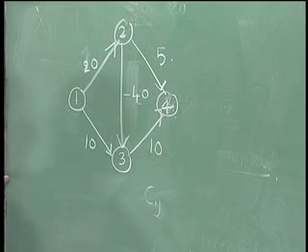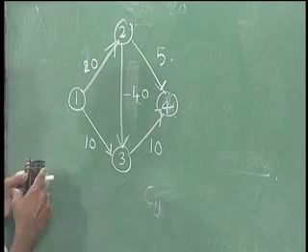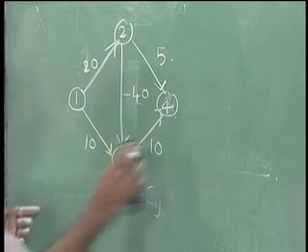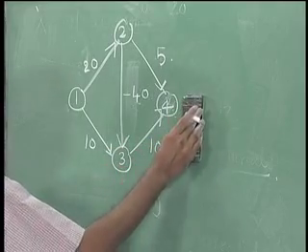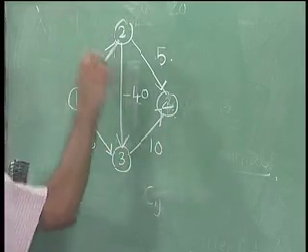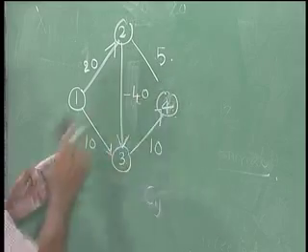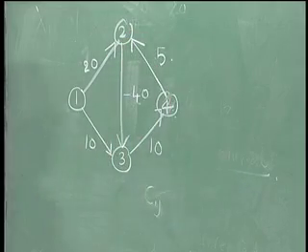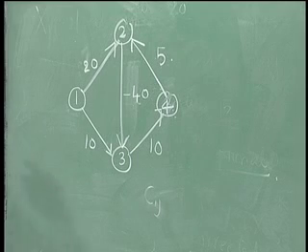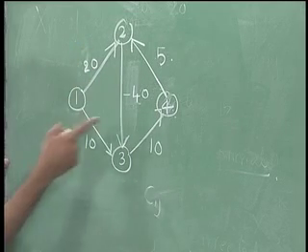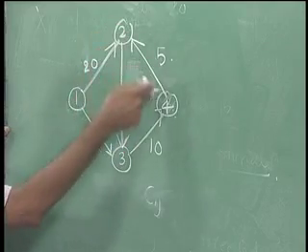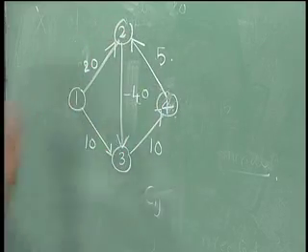Let us make another interesting change here. Instead of this 5, let me put this arc here. So, let us look at a network like this. Remember the changes that I have made. One change is this is minus 40. Here I have changed the direction and it goes like this.